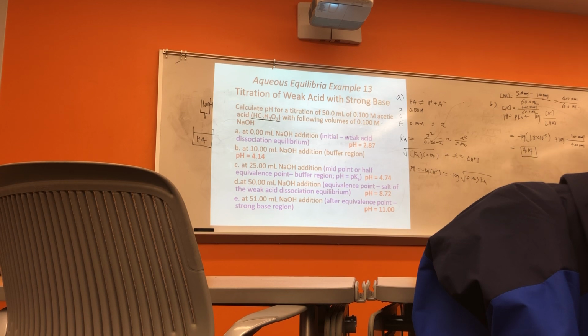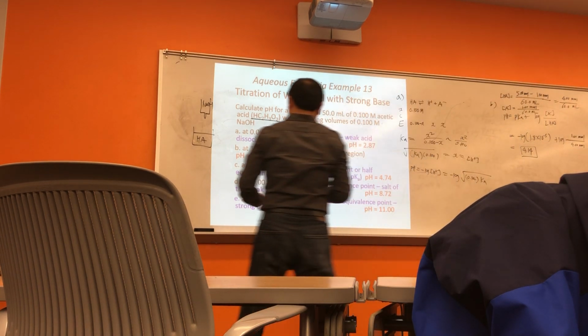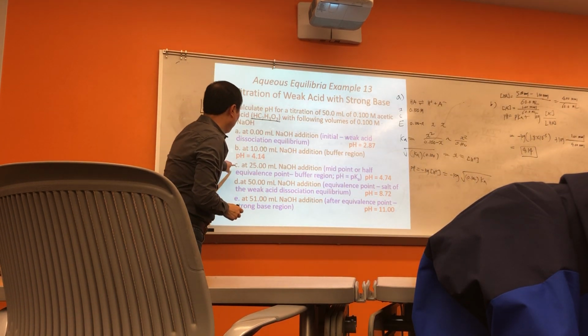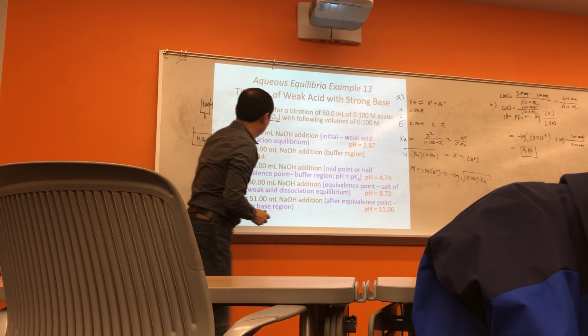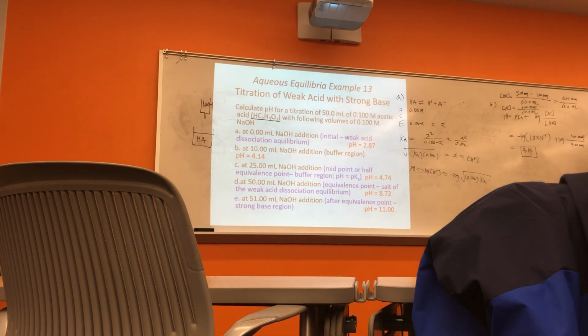And then we are adding hydroxide. How many millimoles? 25 milliliter times 0.1 makes 2.5.